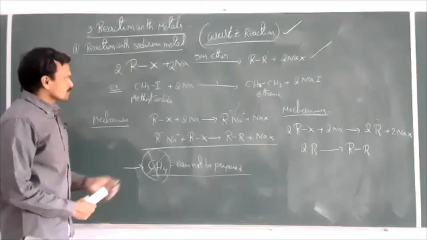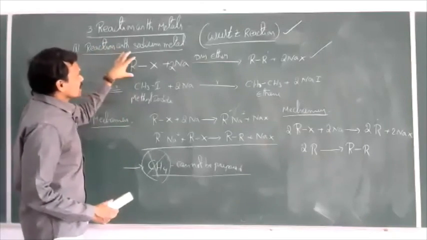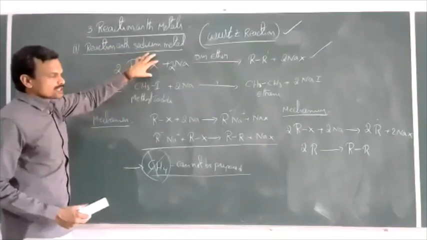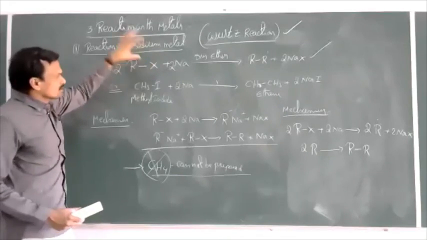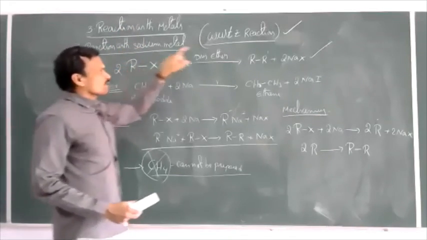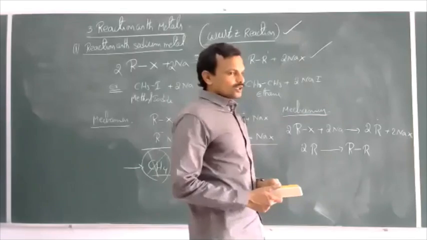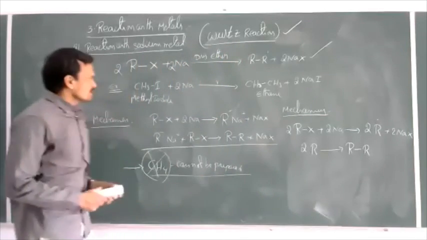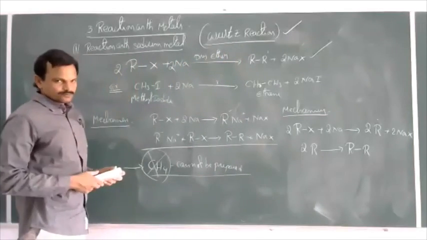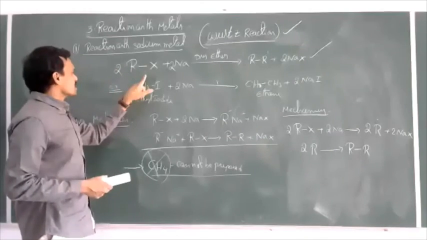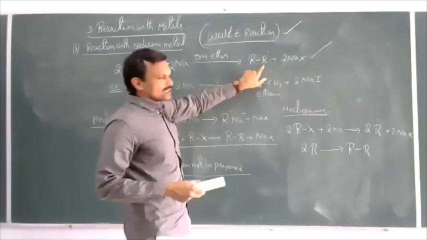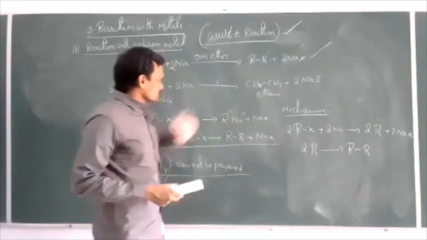And one more. Tertiary haloalkanes do not undergo the Wurtz reaction readily due to steric hindrance. So if you take tertiary butyl chloride, it does not undergo the Wurtz reaction easily. Okay.